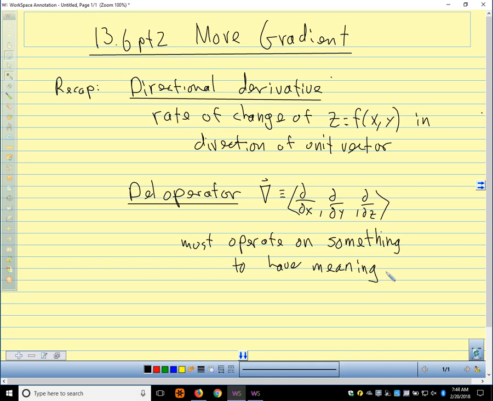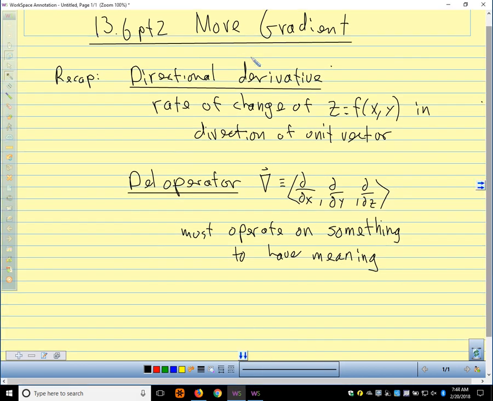In chapter 15, we'll talk about taking the dot product of del with a vector, or the cross product of our operator with a vector, and that will give us some other information about these vector things. The gradient, we use this notation to give us the gradient.